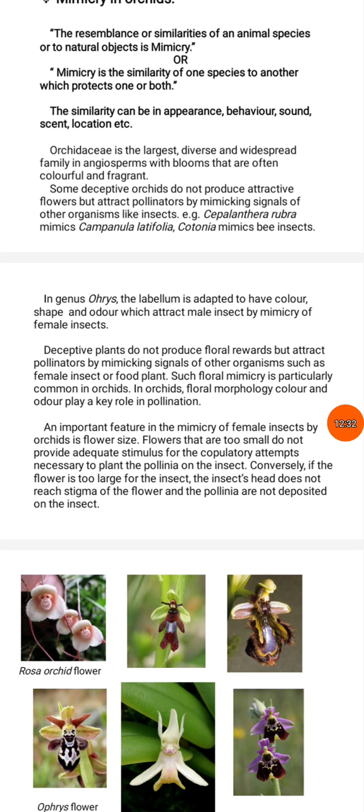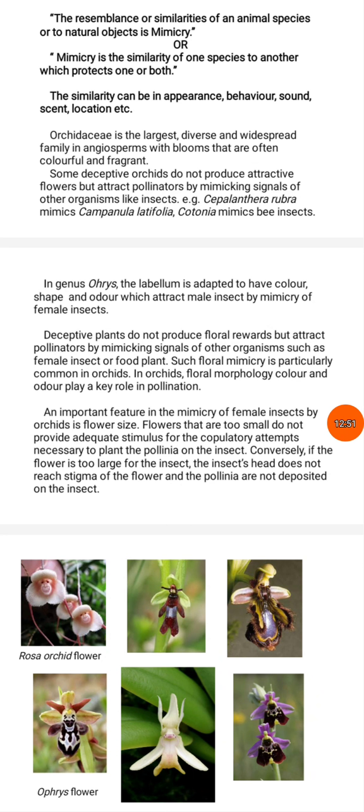But not all species are colorful. Some deceptive orchids do not produce attractive flowers. How do they pollinate? With the help of mimicry. Flowers can attract pollinators by mimicking signals of other organisms.